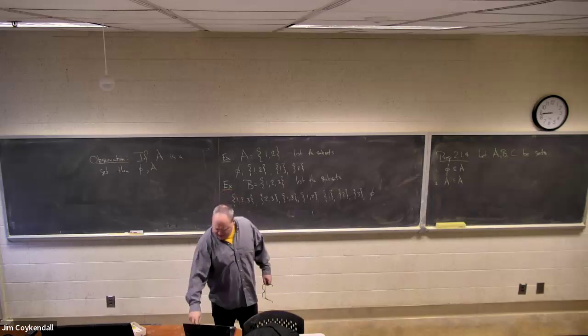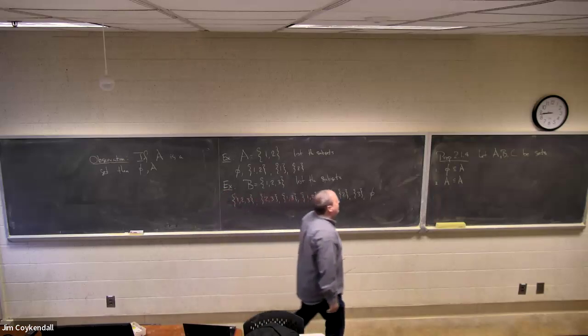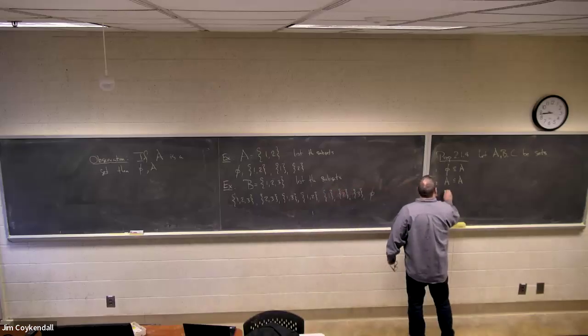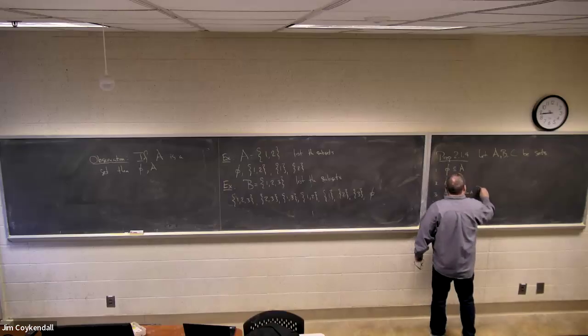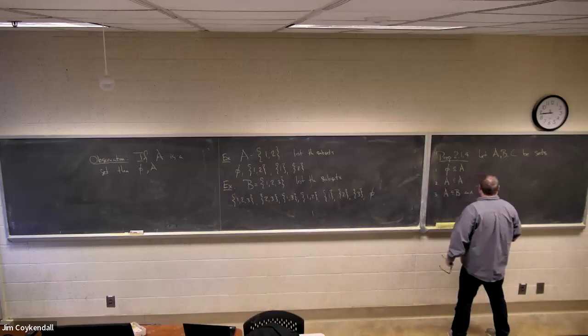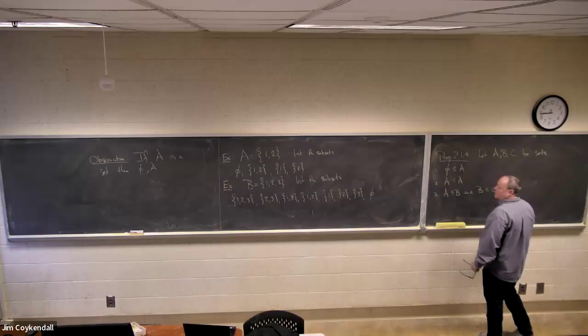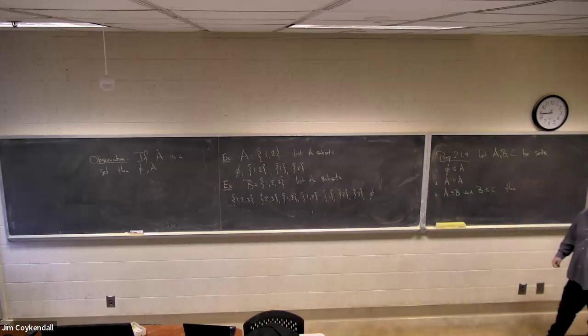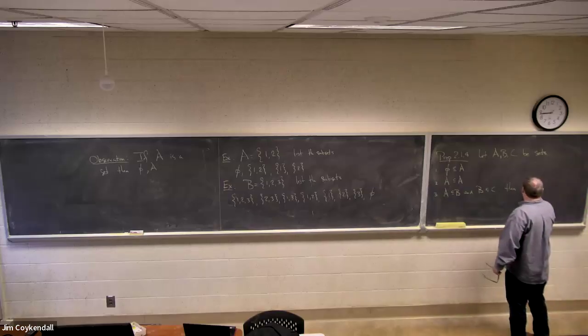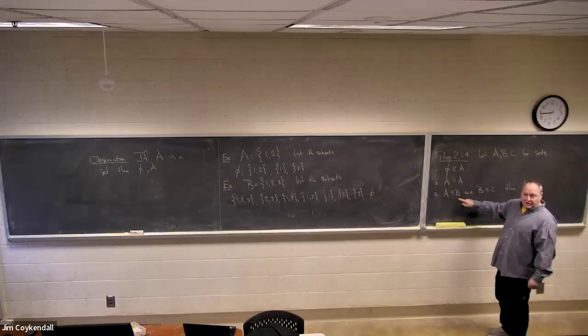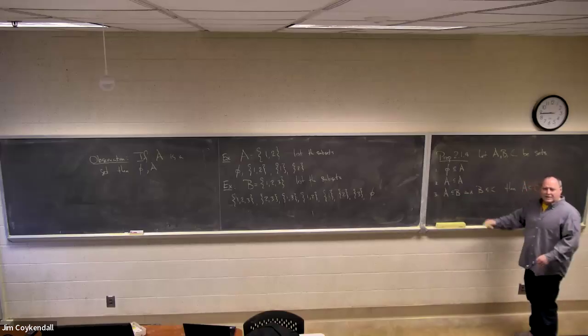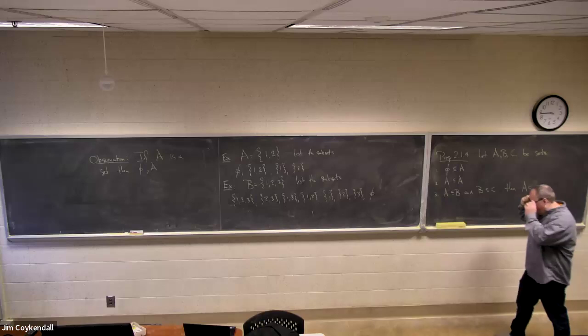Three, suppose A is a subset of B and B is a subset of C. What conclusion do you think we can come to? If A is contained in B, and in turn B is contained in C, then A must be contained in C, right? Because it's the little one on the bottom, essentially.